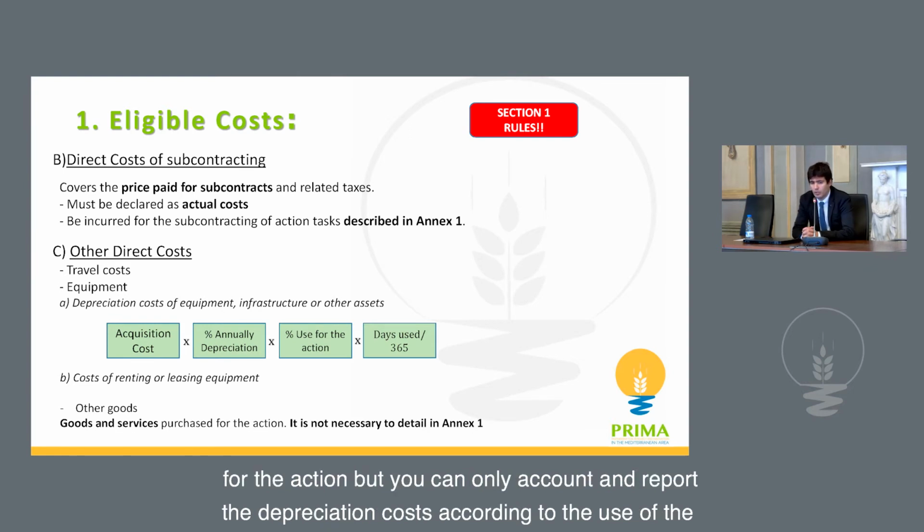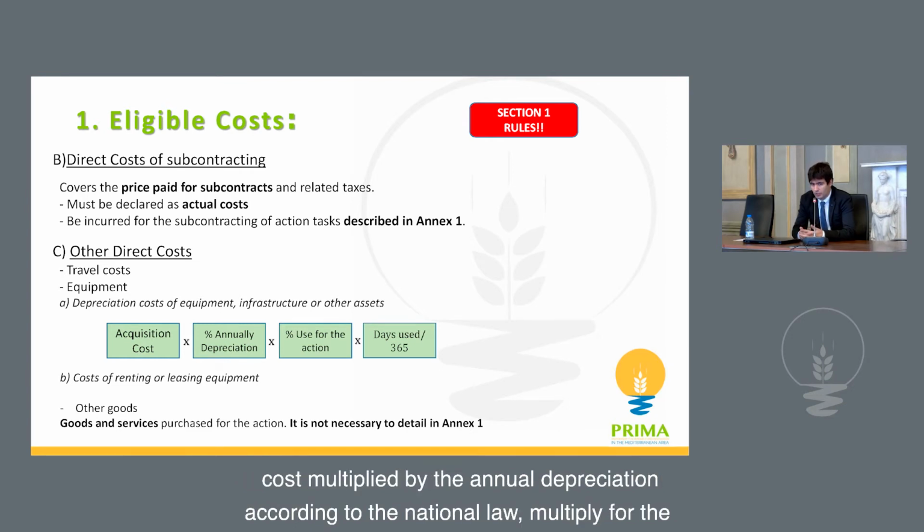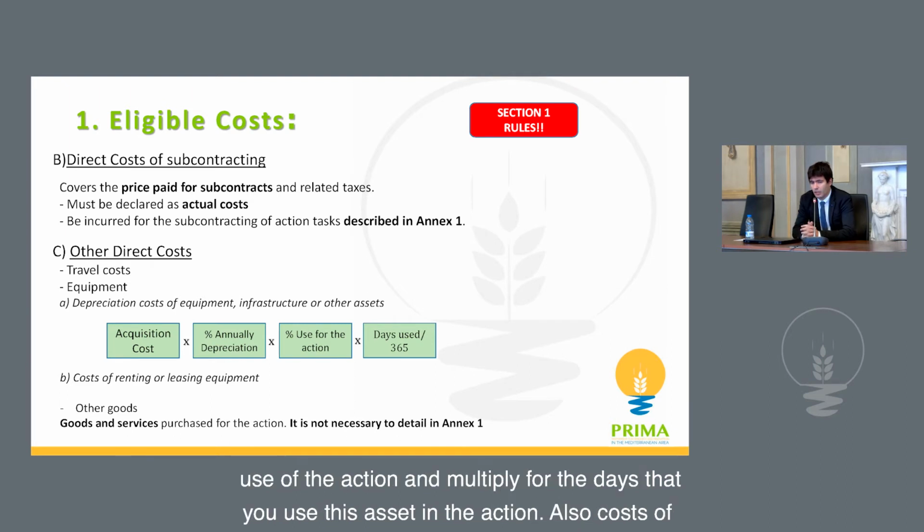But you can only account and report the depreciation costs according to the use of the asset during the action, okay? And you must use this formula. You have to calculate the acquisition cost multiplied by the annual depreciation according to the national law, multiplied by the use in the action, and multiplied by the days that you use this asset in the action, okay?